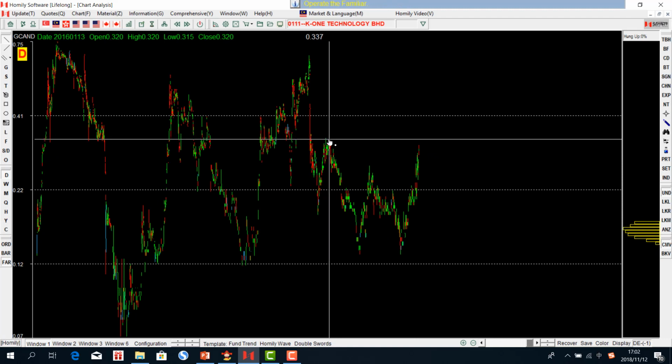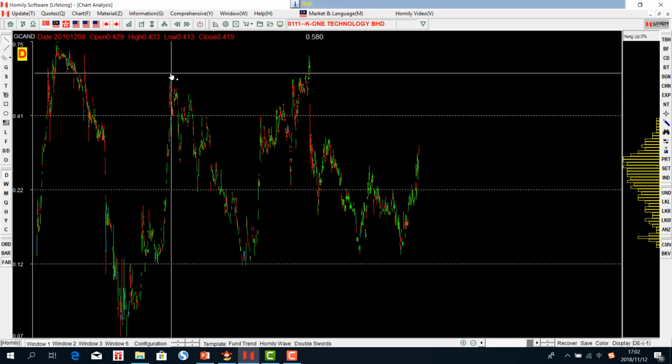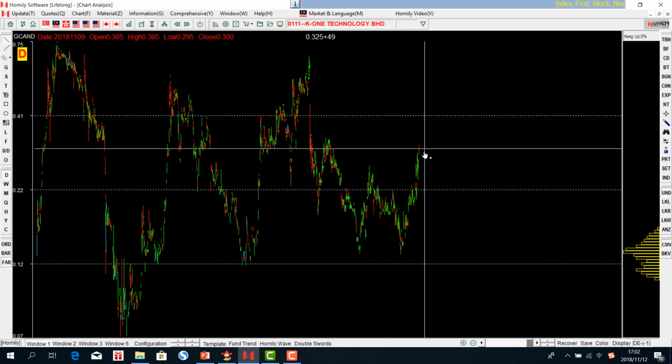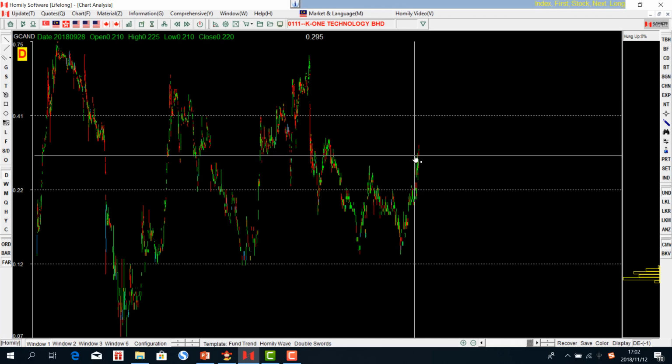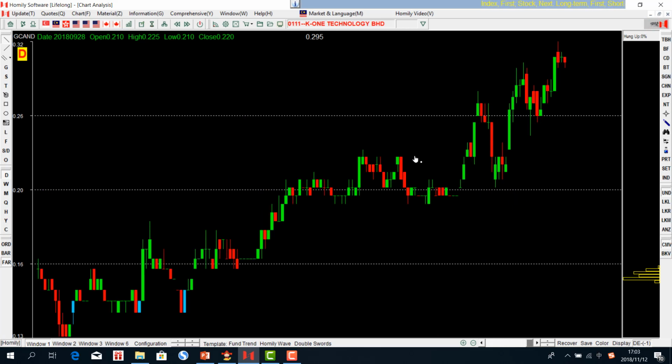Here it has not yet reached the previous high point. The next resistance is this one, also a previous high point, and then the next is another previous high point. So it has not yet reached them, so there is still range to rise. Then we can look at the recent charts.